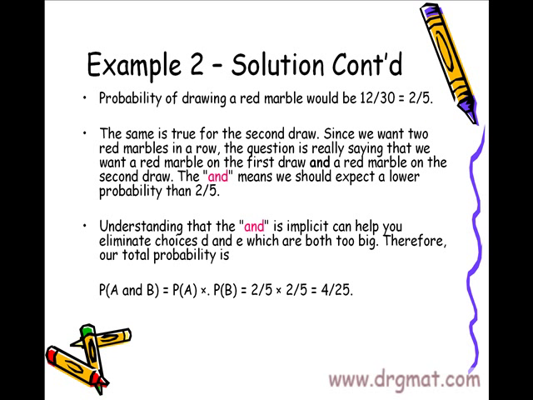So if I was to draw a red marble using simple probability, I would get 2 over 5, as I have 12 red marbles, 30 is my total, so it becomes 2 over 5. And same thing will be true for the second draw because I put it back in the jar, right? So the probability will stay the same.